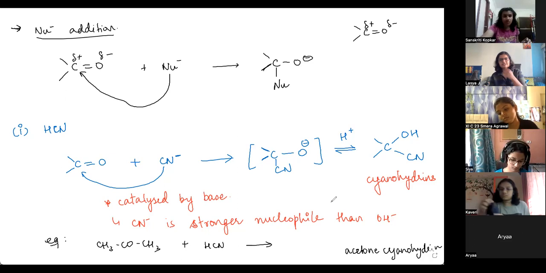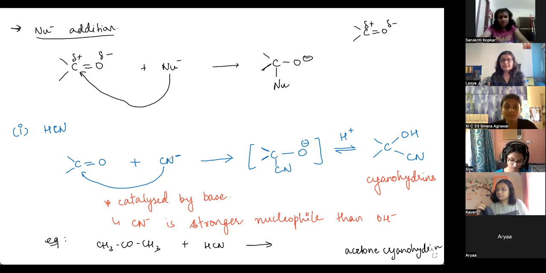Okay. So Arya, we just started off. This is the first reaction we did, the reaction with HCN. This means CN minus is the nucleophile. It's pretty simple. Just a couple of points: you need to know the product, called cyanohydrin, and the fact that these reactions are catalyzed by a base. Sometimes if you get HCN in the presence of NaOH or OH minus, don't be confused.